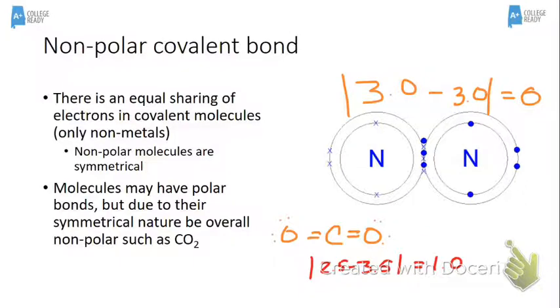But because we have electrons going this way and electrons going this way evenly, we will actually have a nonpolar molecule. So the bonds themselves are polar, but the molecule is not. And that's because of the symmetrical nature of CO2, which you will actually learn about a little bit later on when you get into molecular geometry and intermolecular forces.